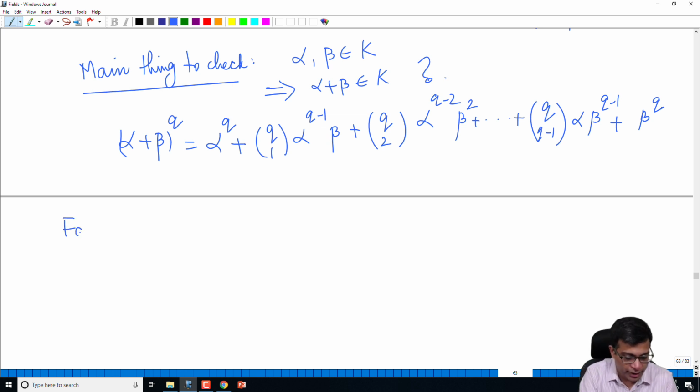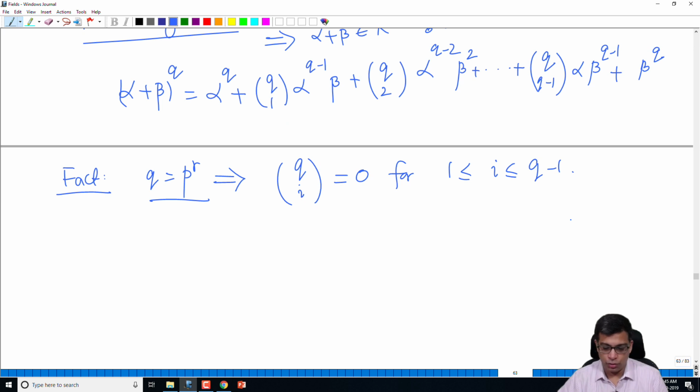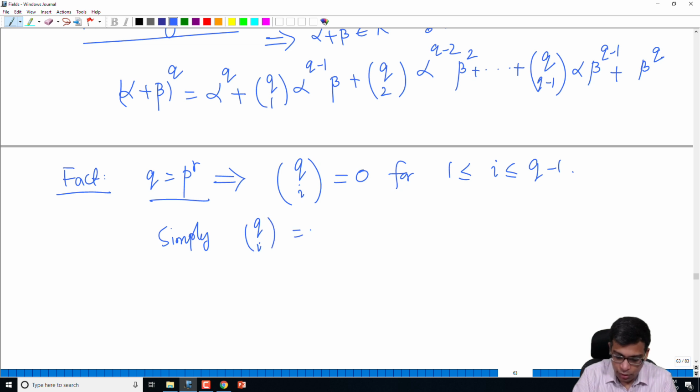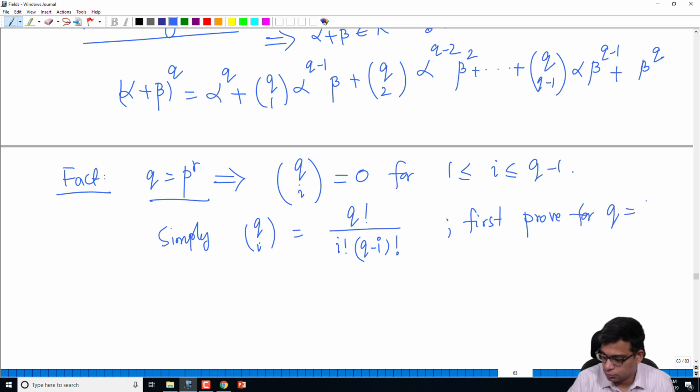Now this is a simple fact which I think came up in the earlier part of the course. Since q is of the form p power r, you can show that q choose i is 0 for all i between, okay, so all you need to do is simply write q choose i as q factorial divided by i factorial times q minus i factorial, and first prove it for p itself, in which case it is trivial, then by induction extend it to powers of p.